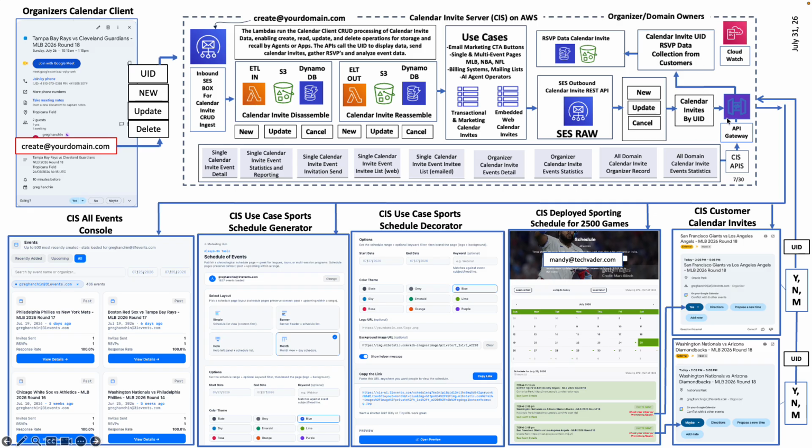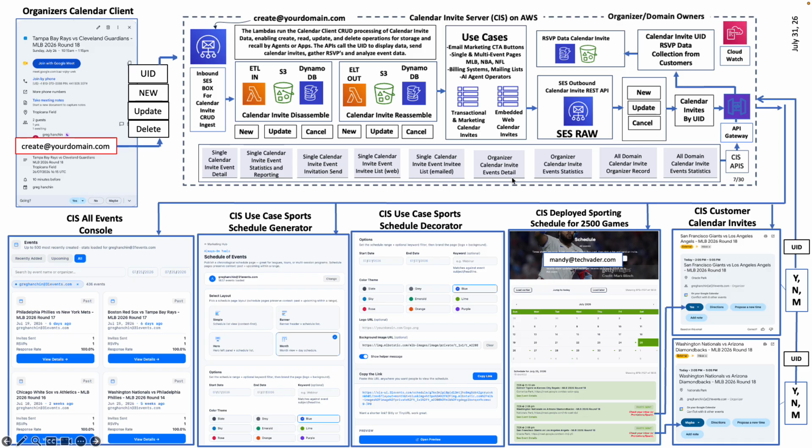This whole system here is set up by these APIs down here. These APIs call this layer of data storage and functions by using the CIS Calendar Invite server APIs up here to the API Gateway. This is a total GET feed. So when we call these on GET commands that are embedded into the console or the display APIs inside these pages themselves, this data comes from this library of 9 REST APIs.